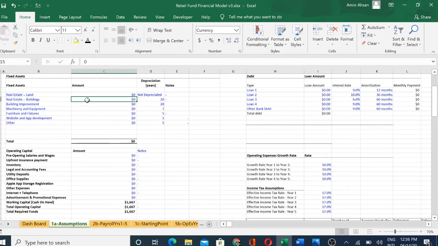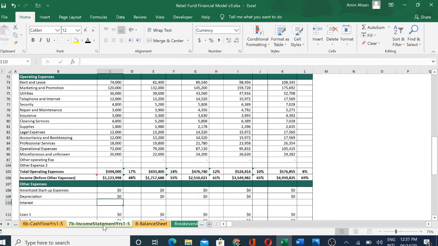For example, land, building improvement, machinery, and any. And these are the depreciation years, over how many years the asset will be depreciated. So if you have, then put all those here, and the model will calculate the depreciation automatically, and will charge the depreciation in the income statement as an expense.